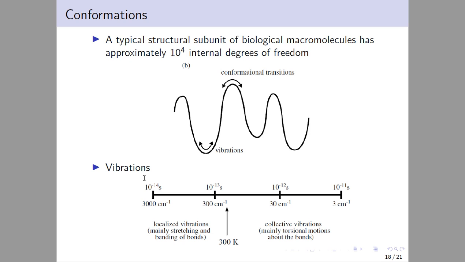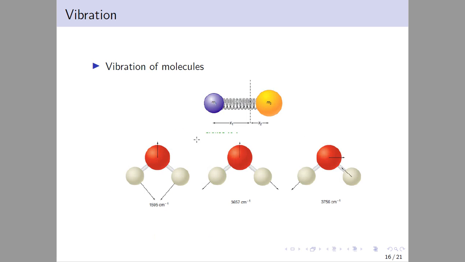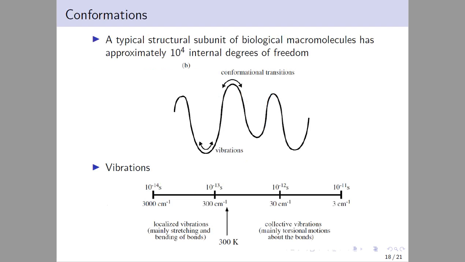The vibration you can see here at 300K is localized vibration, stretching and bending yang kita tunjuk sini. Greater than this 300K, collective vibration, meaning torsional motion about the bond.